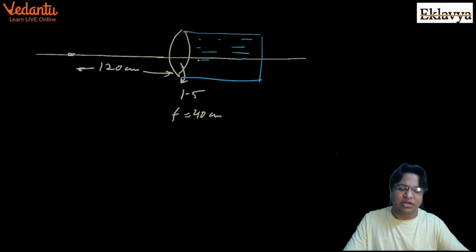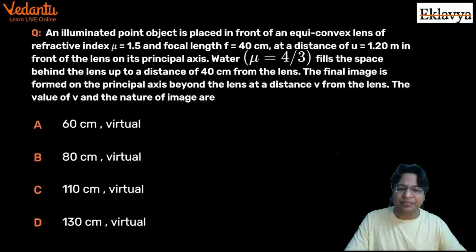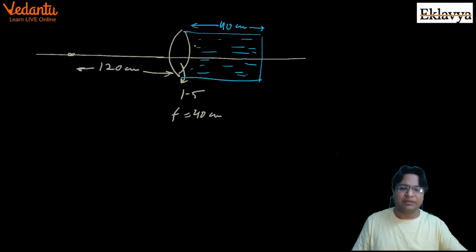Okay, this is water. How we have managed this, that's a different issue, but somehow you manage this, and this distance is 40 centimeter. Okay. The final image on the principal axis beyond the lens, this is what you are supposed to find out. So first of all, I would like to know the radius of curvature of the surface. For that, we are going to use the lens maker's formula.